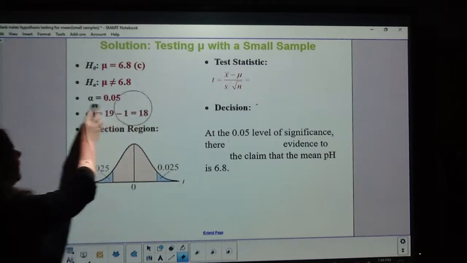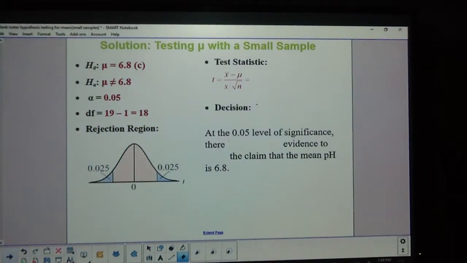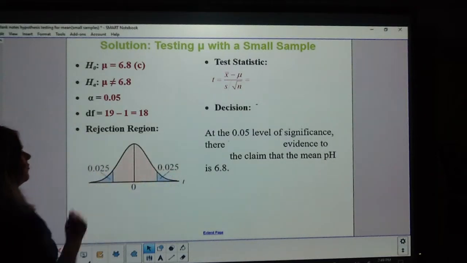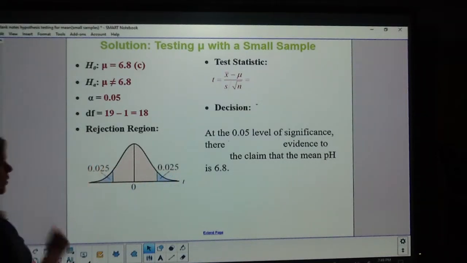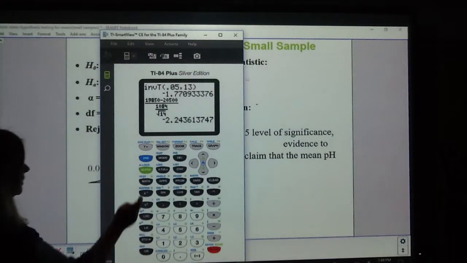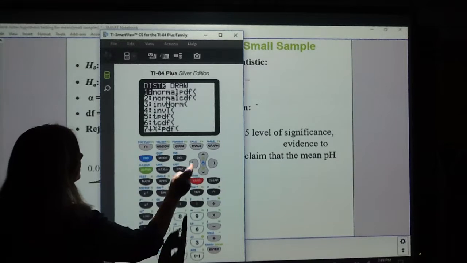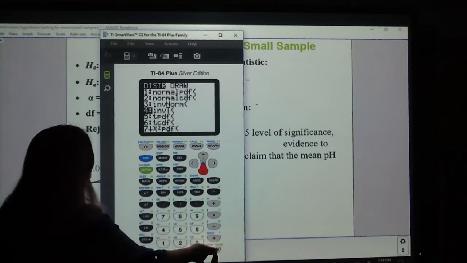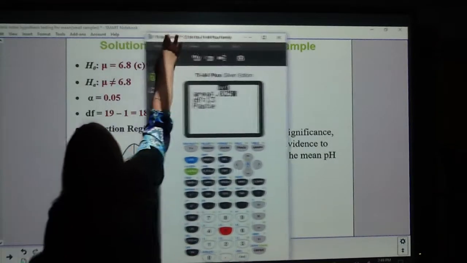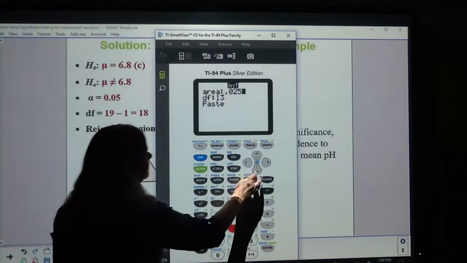Alpha and degrees of freedom. Alpha was 0.05, so both of these together are 5%, so each one is 2.5%. So inverse t, 0.025, degrees of freedom of 18.